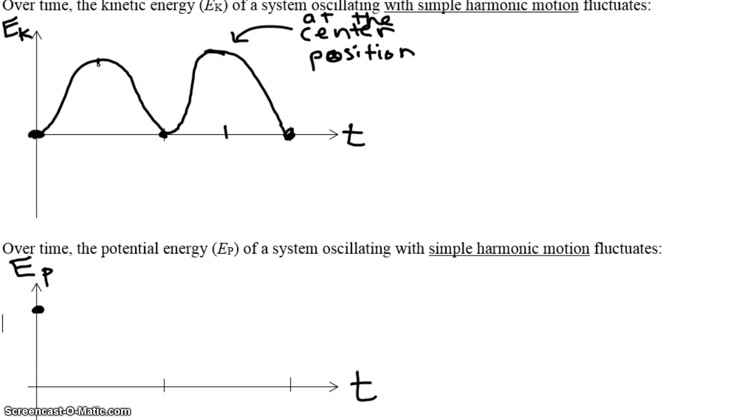Where kinetic is at a maximum, that's the center, right? We wrote that down. And at the center position, there's no compression or expansion, so there's no potential energy. Again, when there's no speed, that means we're turning around, changing directions. We're at the edge, so we have maximum potential energy. Then we come back here, and then back up to here.